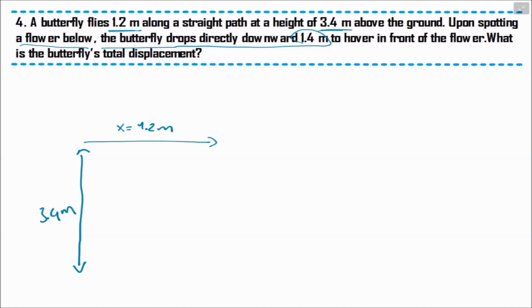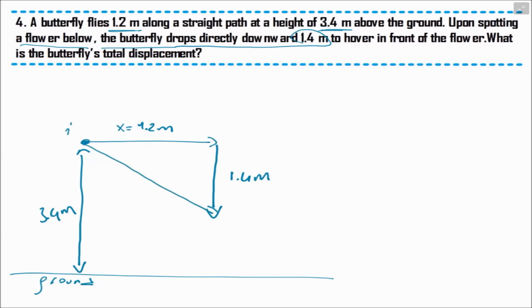So it says after that it goes downward 1.4 meters. So this is the ground, we can say. And the initial point of the butterfly is this, and the final point of the butterfly is this. So this is our displacement, we can say. So we are going to use the Pythagorean theorem.